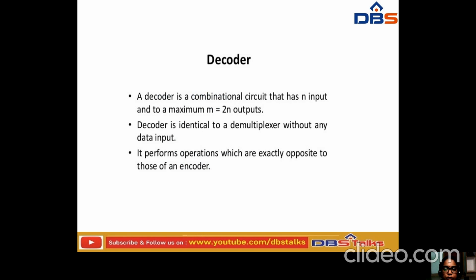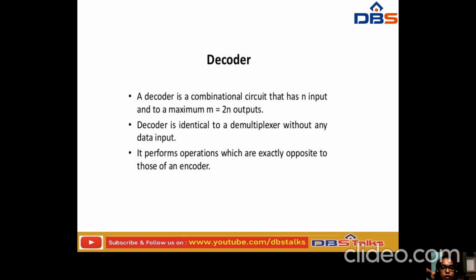Next one, decoder. Here a decoder is a combinational circuit that has n inputs and a maximum of m, that is 2^n, outputs. So a decoder is identical to the demultiplexer without any data input. So it performs the operations which are exactly opposite to those of the encoder.